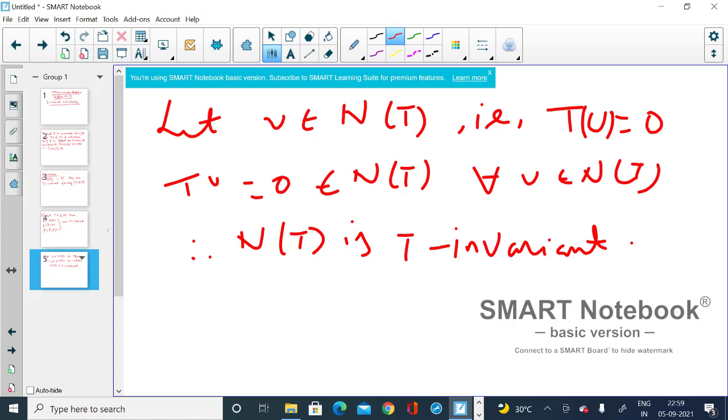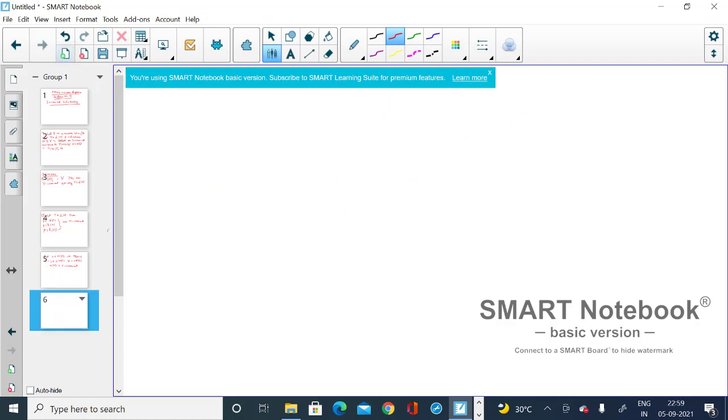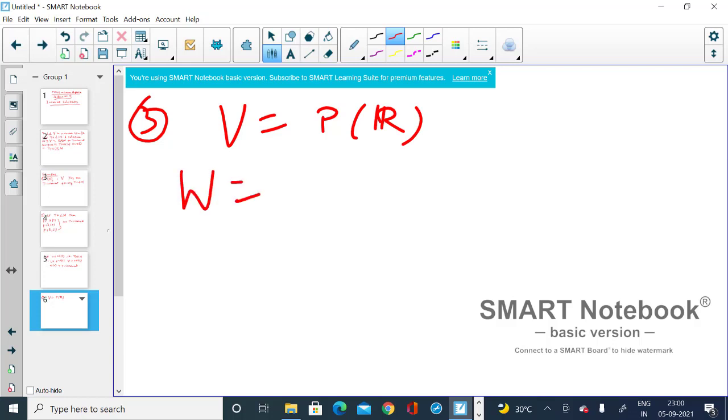Now maybe one more important and interesting example. For example 3, you choose the vector space V to be the space of polynomials, and you choose W to be the space of polynomials of degree less than or equal to 2.